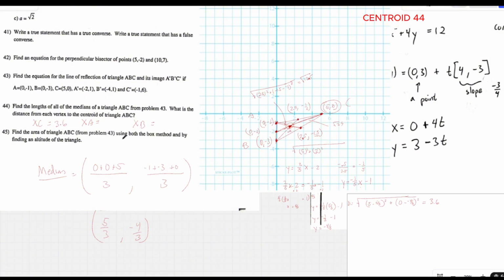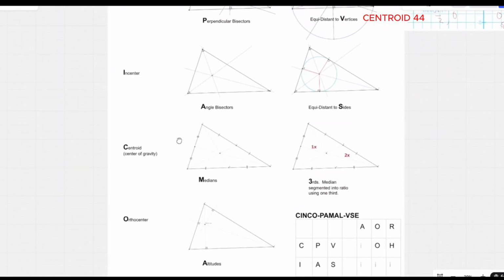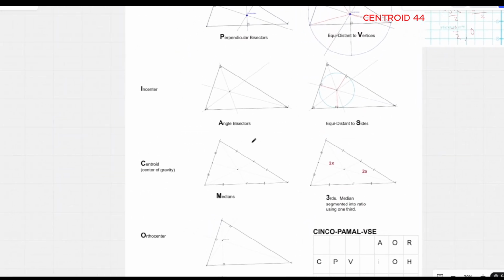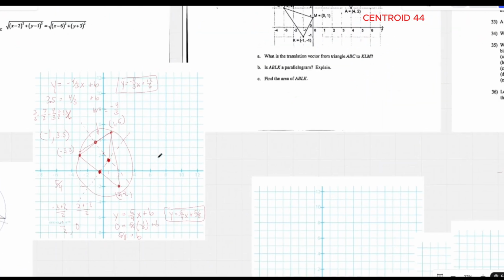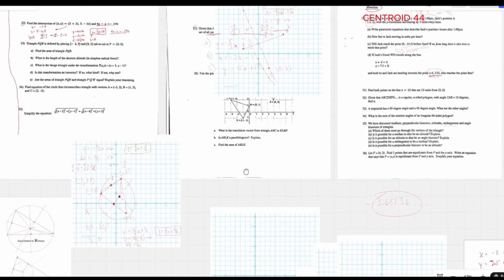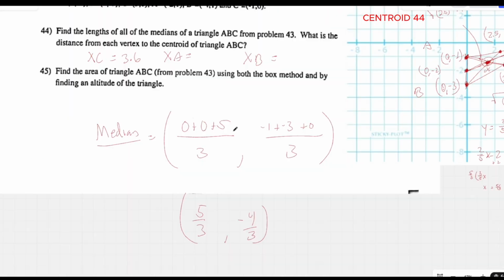All right, I better hurry up and add that to my note sheet. Centroid. Quick way to solve that. What was, I didn't call it centroid. What did I call it? Yeah, sorry, I meant to say centroid there.